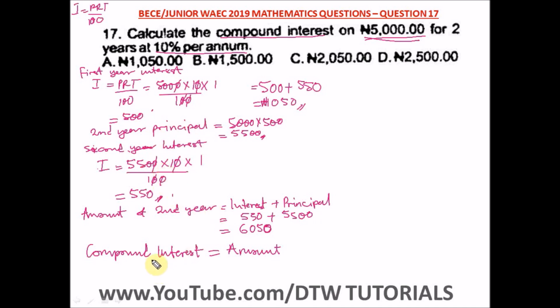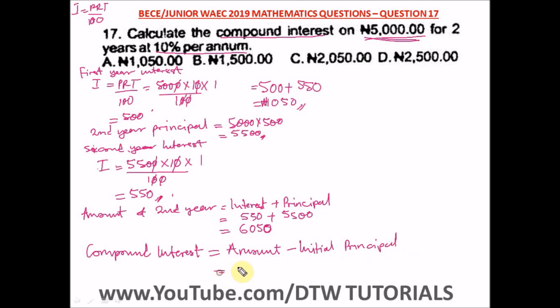Okay, so we have our compound interest equal to amount minus our initial principal, that's the first principal. Our compound interest is the last amount minus our initial principal.